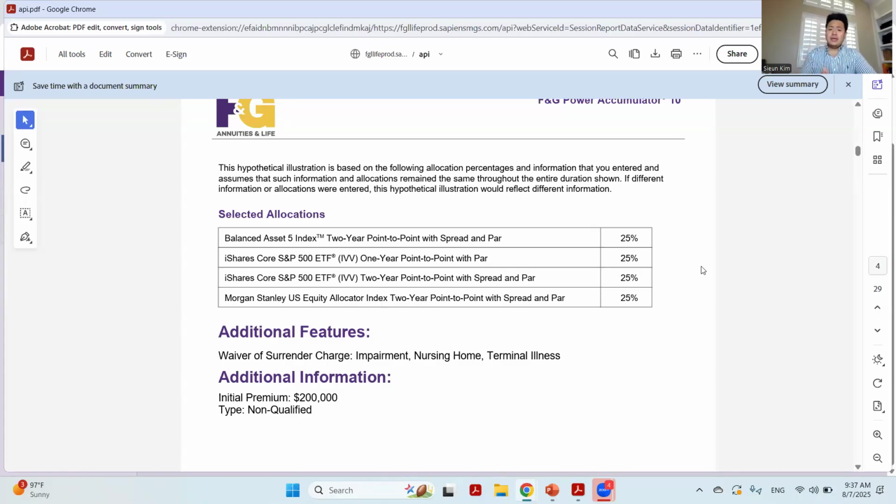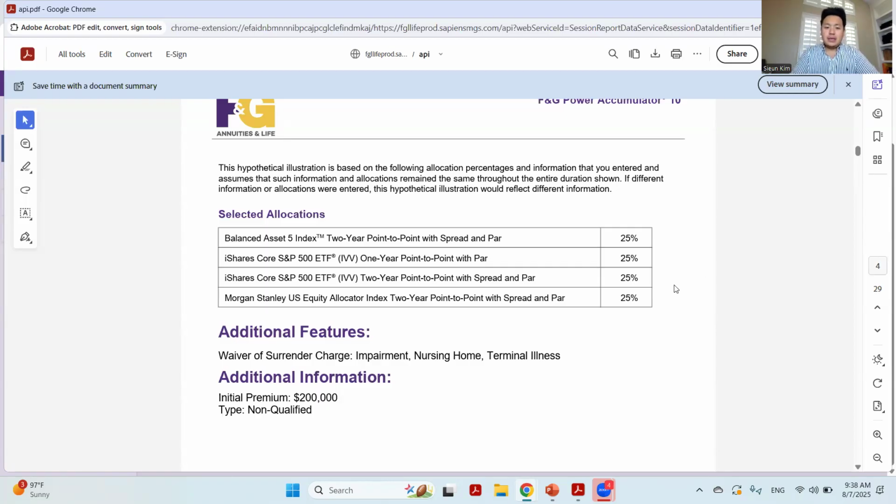And just so you know, Jane, this is not something that you can't change. In the future, on your anniversary, if you want to change the allocation, we can always change it to a different investment option if you would like to. Okay.